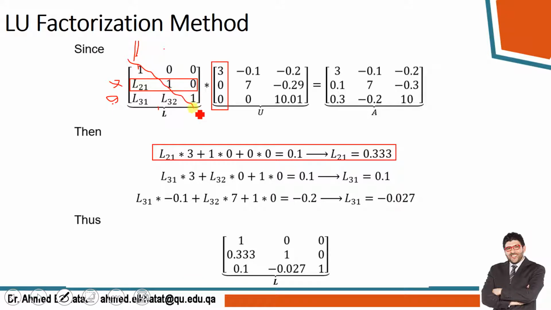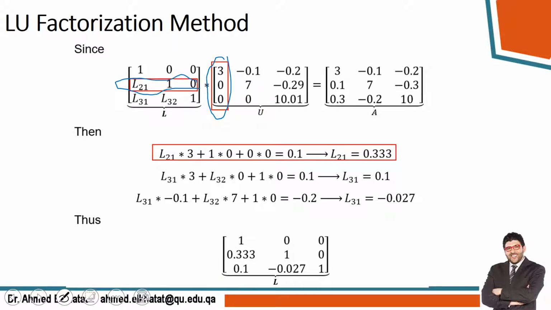So it is a triangle with 1s on the diagonal, zeros above, and then L21, L31 below. As you know, L times U equals A, and you already calculated U from the previous step. Then we can start like this: the first row times the first column.